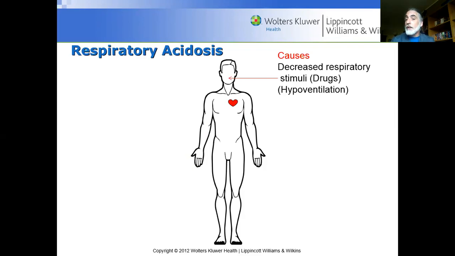So the drugs cause depression of the CNS, which decreases respiratory stimulus. You're not blowing off enough CO2 because your respiratory rate is low. If you're not blowing off the CO2, it's staying in the bloodstream. CO2 equals acid, so the acid builds up, you become acidotic, and pH drops.